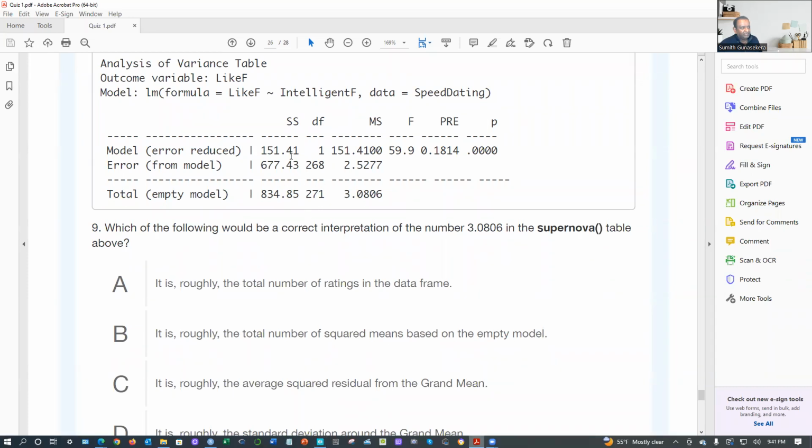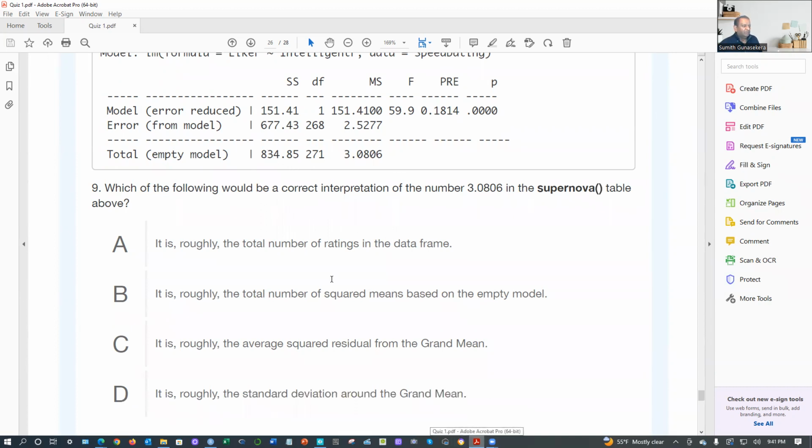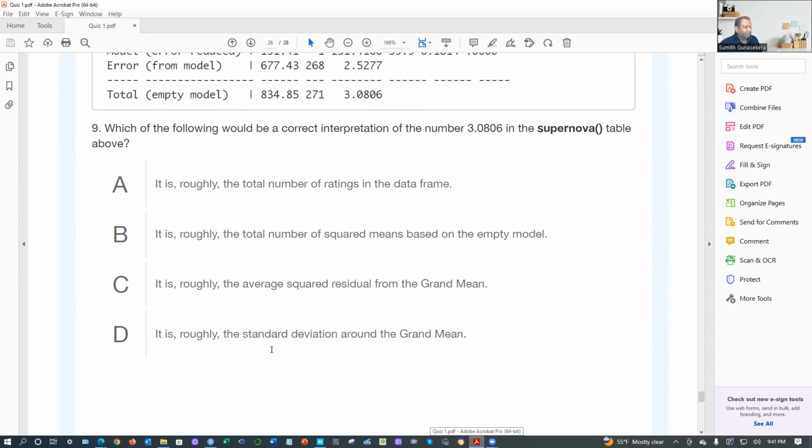The degrees of freedom should be 269, the sum of these two. They both are wrong, but this is right. It's roughly the average squared residual from the grand mean.